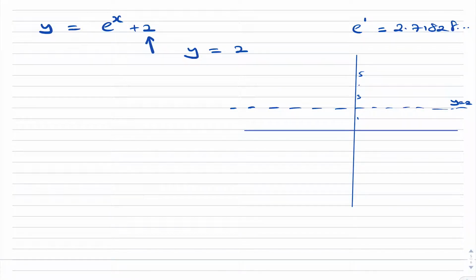Now, we need to ask ourselves, when x equals 0, y equals e to the power of 0 plus 2. e to the power of 0 is 1, plus 2, that'll be 3. So y equals 3 when x equals 0, and the coordinate is (0, 3).